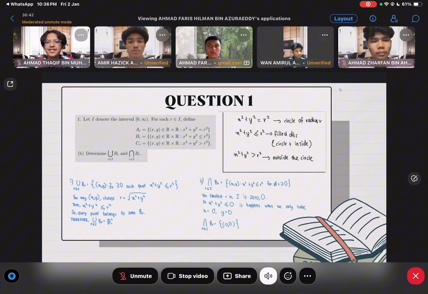For any (x, y), choose r equal to the square root of x squared plus y squared. Then x squared plus y squared is less than or equal to r squared. So every point belongs to some B_r. Therefore, the union of B_r is equal to R squared.